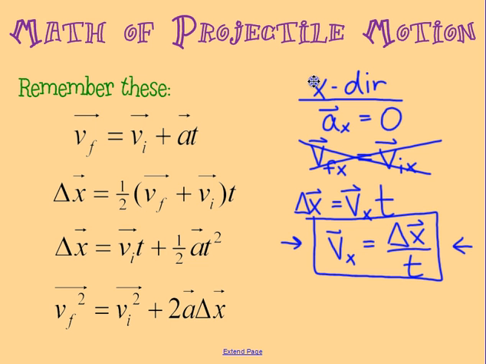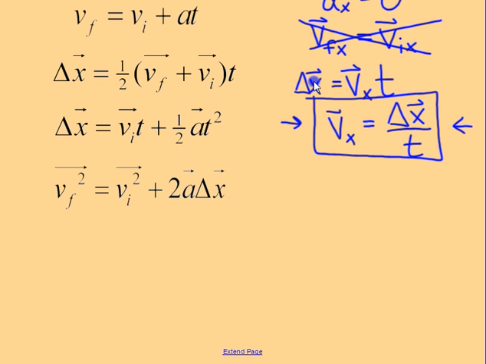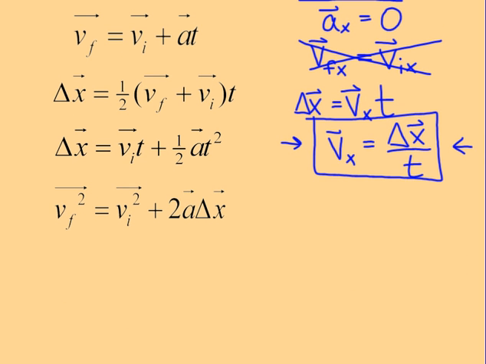Let's look at the y direction next. The y direction is a little different because we know that it doesn't have an acceleration equal to 0. So for the y direction, we will have four equations, and the only difference will be that we add a y subscript to everything with a vector symbol.